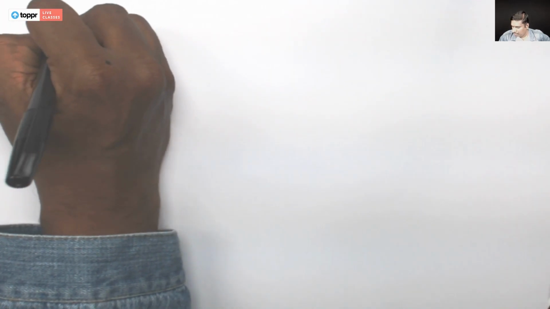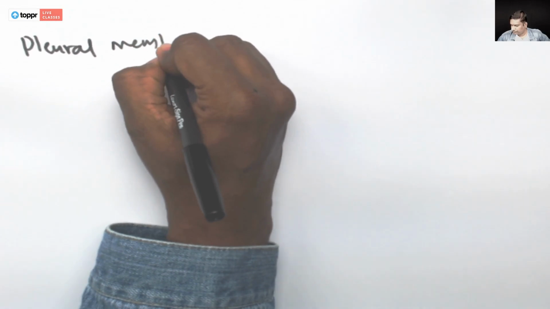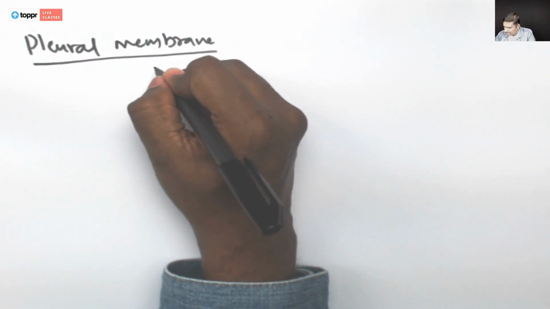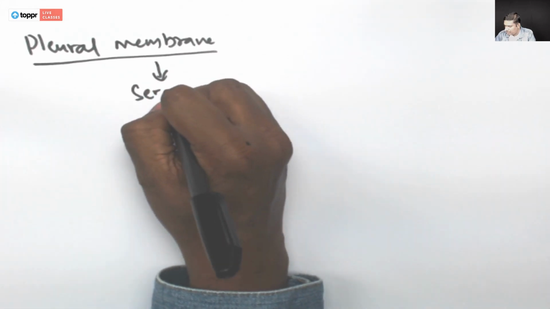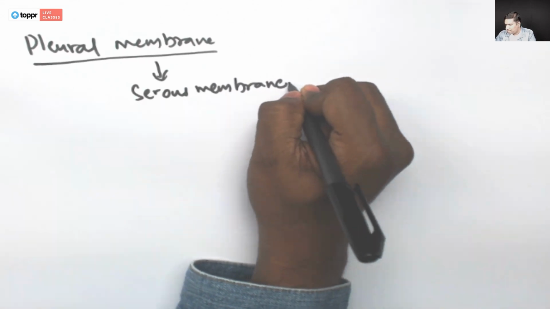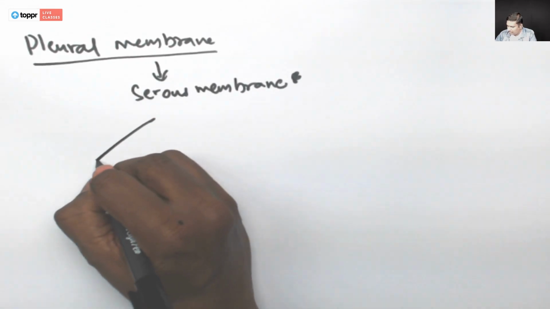Now let's understand something about the pleural membrane. This pleural membrane is a serous membrane, and it secretes serous fluid. Basically this membrane has 2 layers.